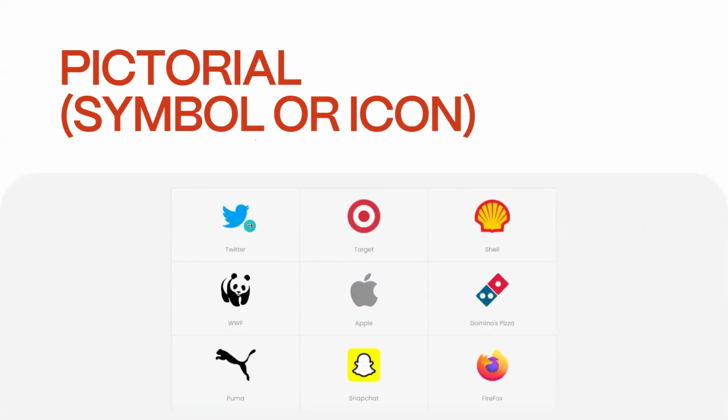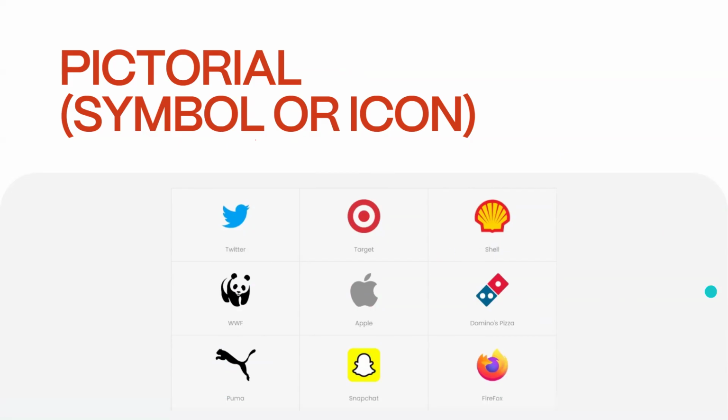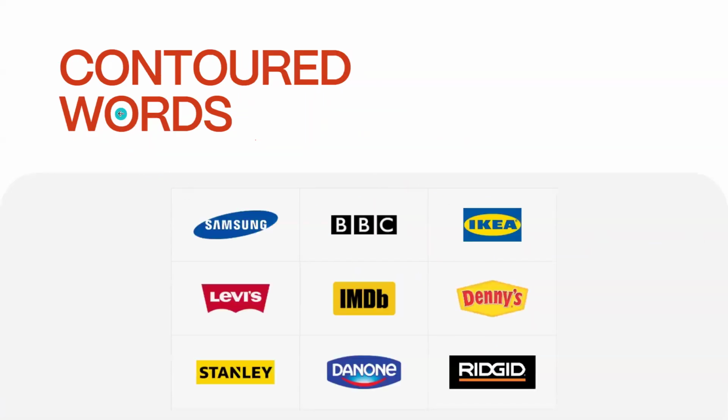Pictorial means they have used pictures of animals or anything else as logos. Combination mark, I mean contour, means it is a combination of using shape and also the word. Like this is an oval shape with Samsung. This is a rectangle with IKEA. This is how it works.